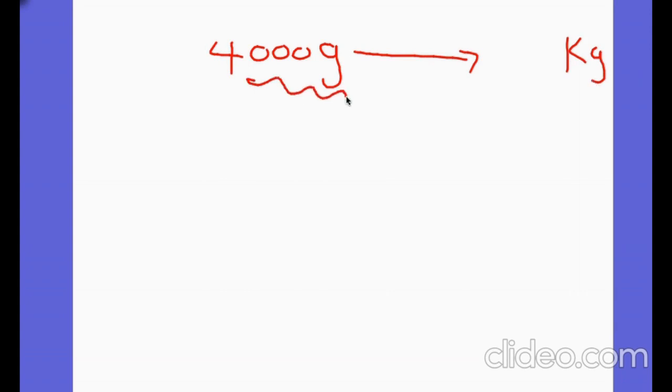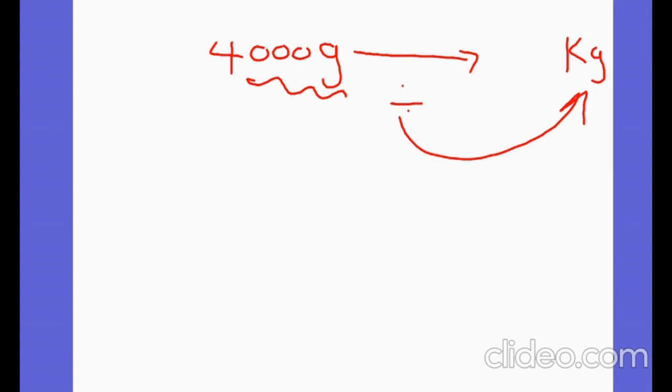Now, I want to transfer 4,000 grams to kilograms. What will I do? This is the small unit, and I want to make it a big unit. I will divide. Divide by what?